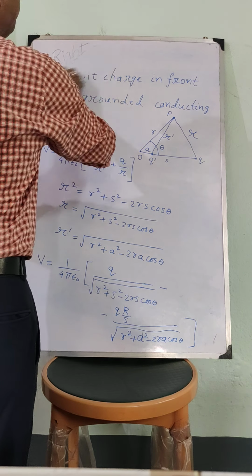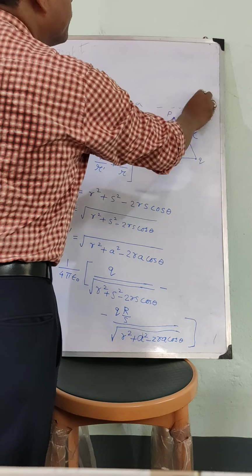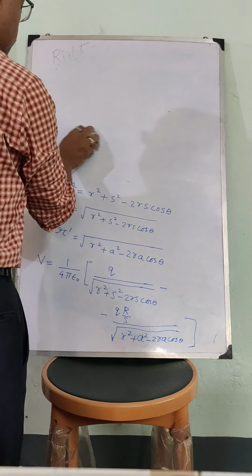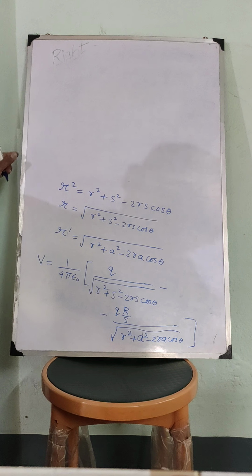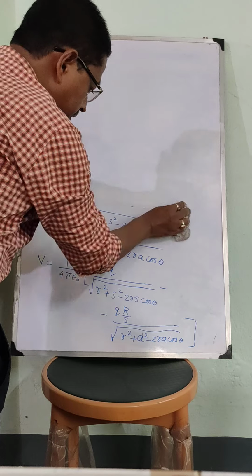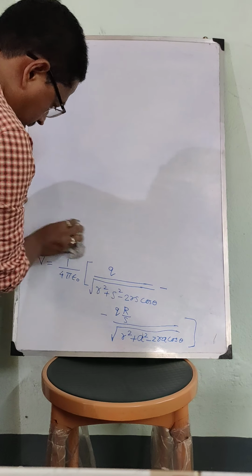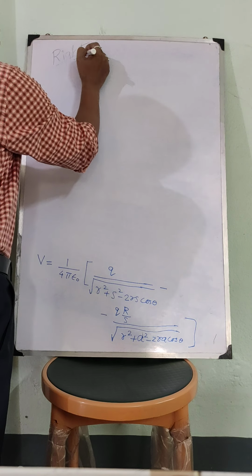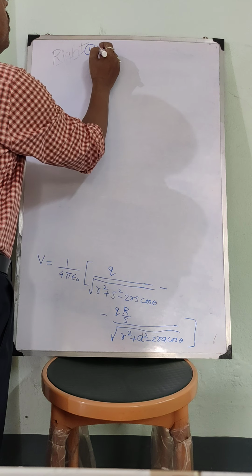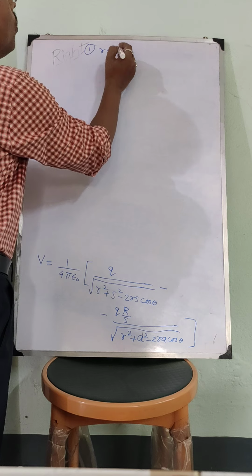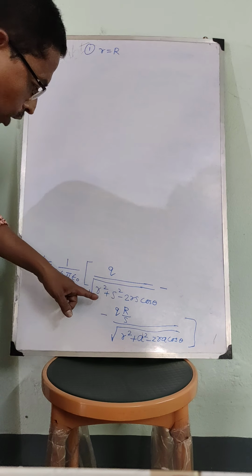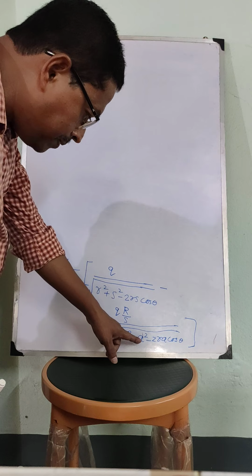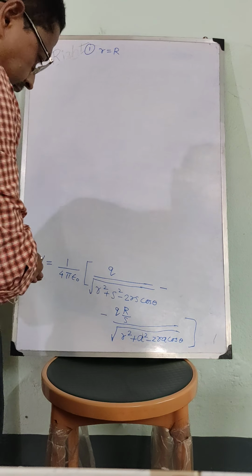Okay, so first boundary condition, we will see what happens when we put small r equal to capital R. Now I have to put the expression of A here, then it will be simplified.